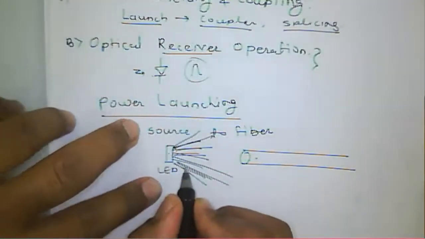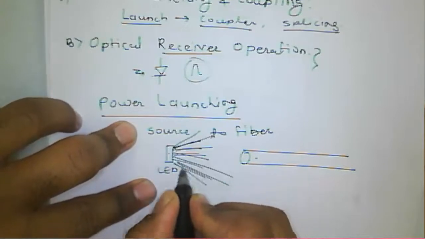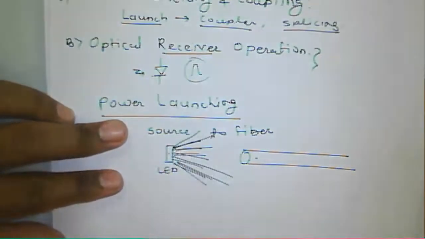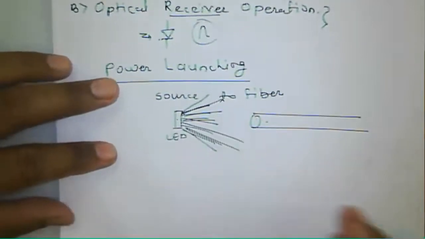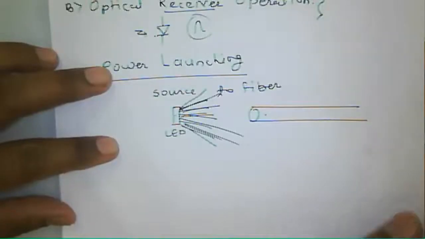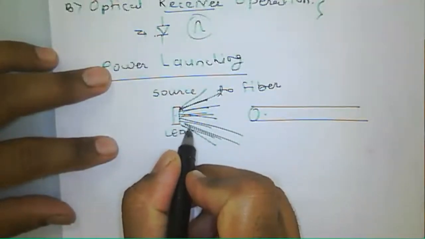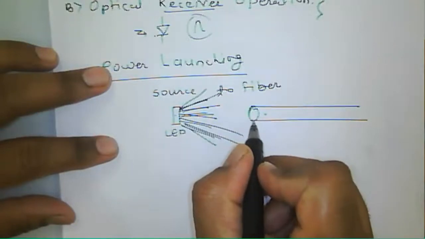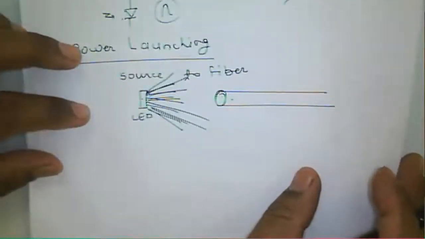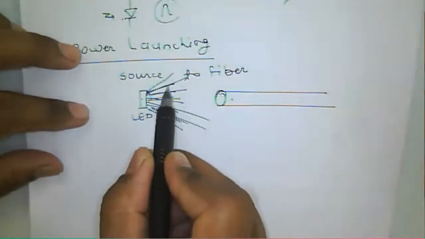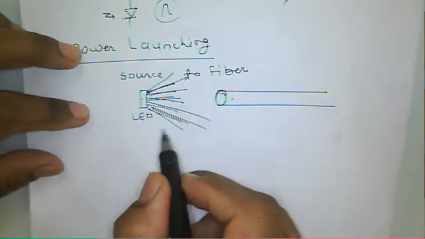So now we consider what the emission pattern of this source will be. For a source, the emission pattern is important because it tells us in which direction we have to keep our optical fiber, giving the place or position to connect your fiber.